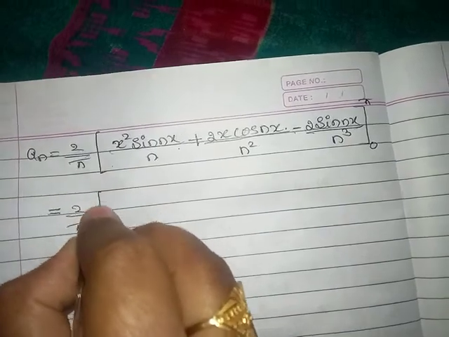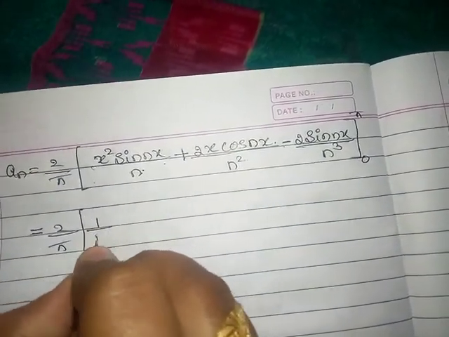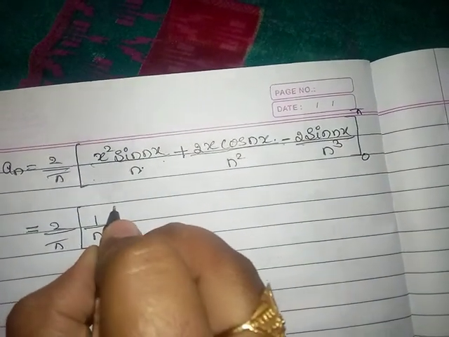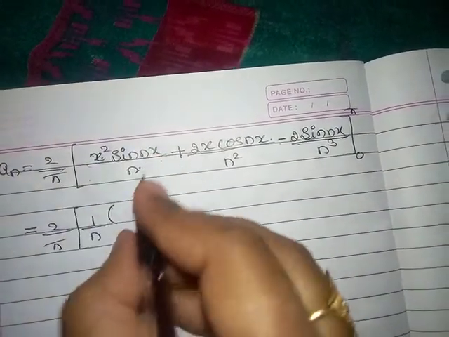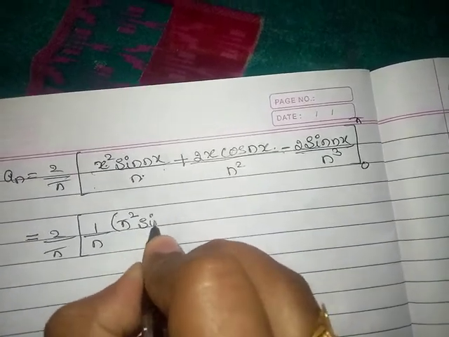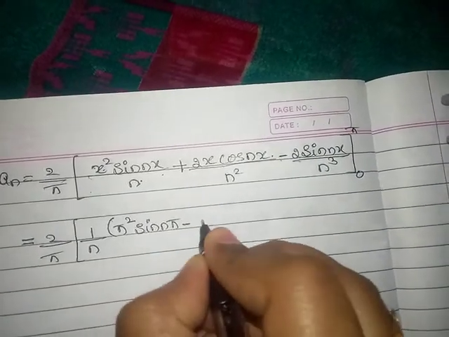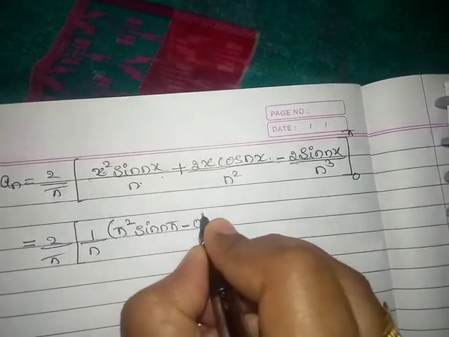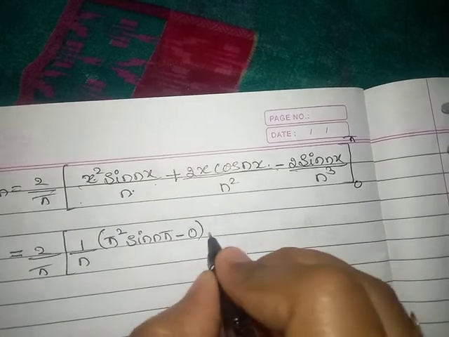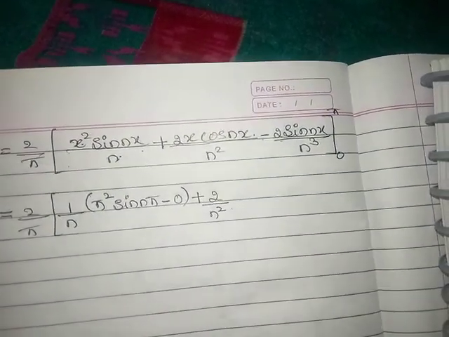Applying limits for the first term, take 1 by n, this is constant. Apply the upper limit, this is pi square sin n pi, minus, this is 0. Then for the second term, plus 2 by n square is constant.